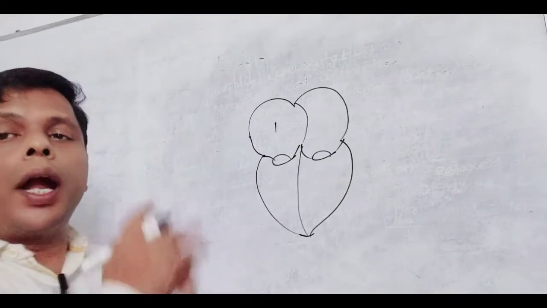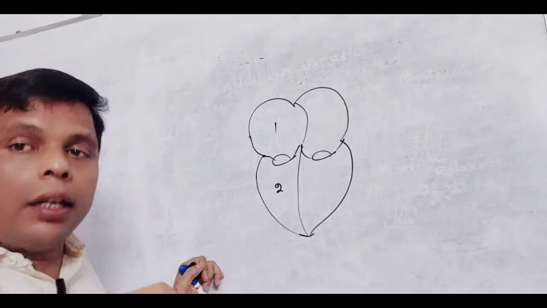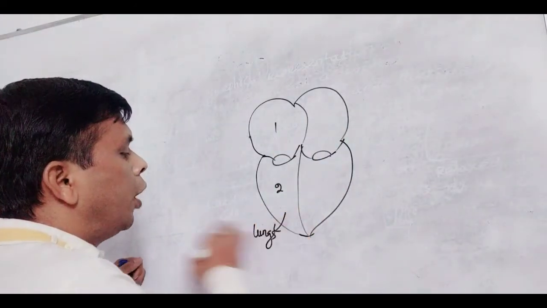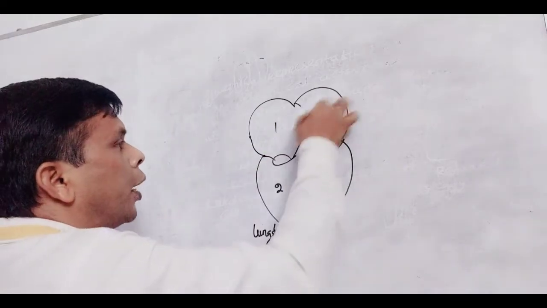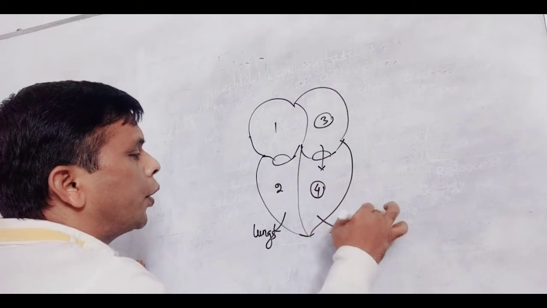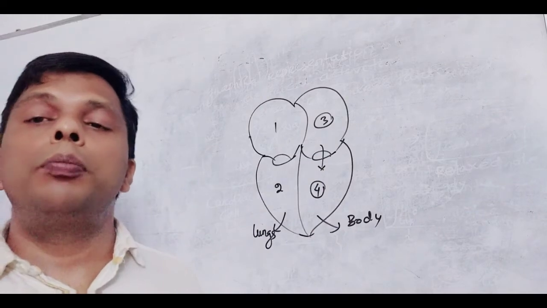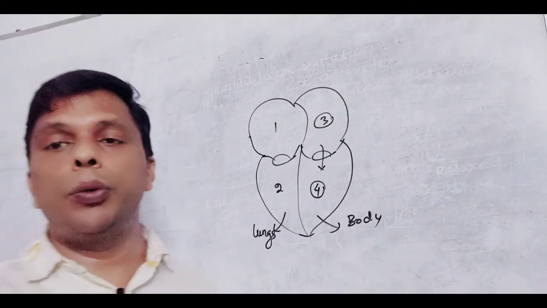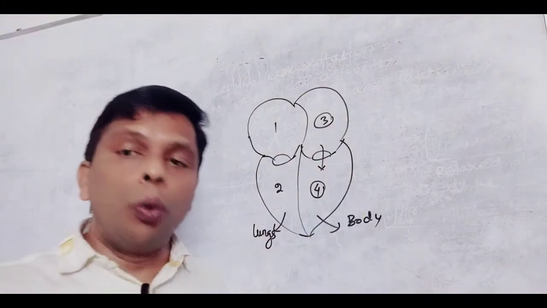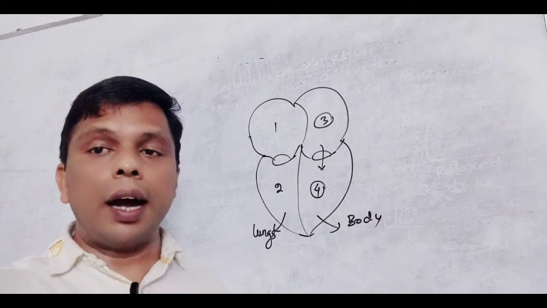Deoxygenated blood comes to the right atrium, then goes to the right ventricle, then enters the lungs, and from the lungs it is received by the left atrium, then goes to the left ventricle and then to the body. We have already read it during double circulation through the heart.